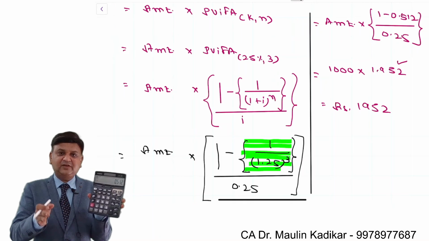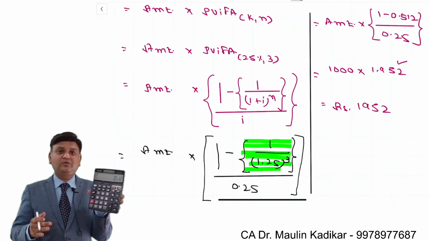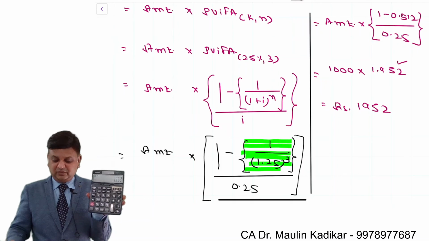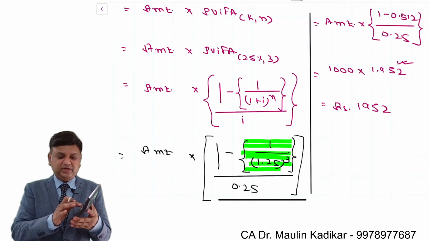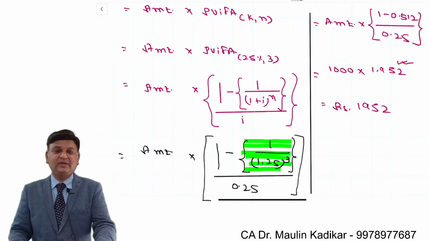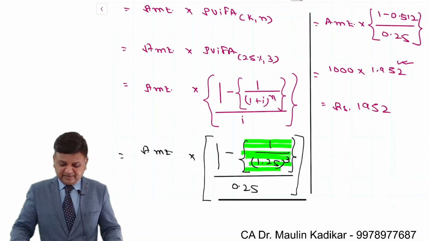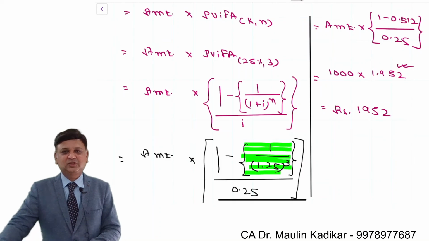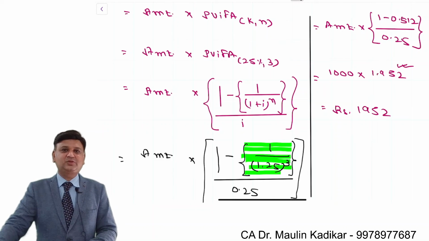Like that, every year factor that you compute, you add to memory plus. Then you press memory recall. You'll find that the 3 years annuity factor is 1.952. This is also the way you can do it, or otherwise this formula is always there which you can apply for the answer. So the present value of the future cash flow is 1952.